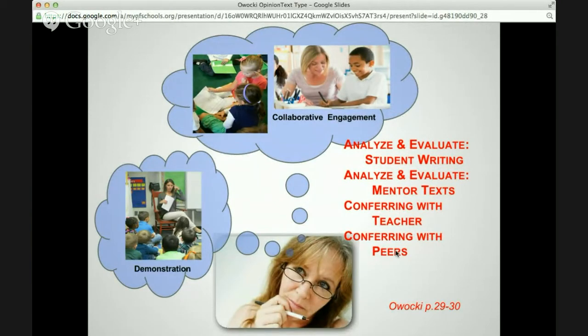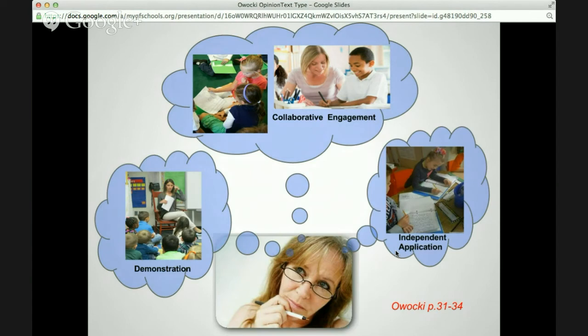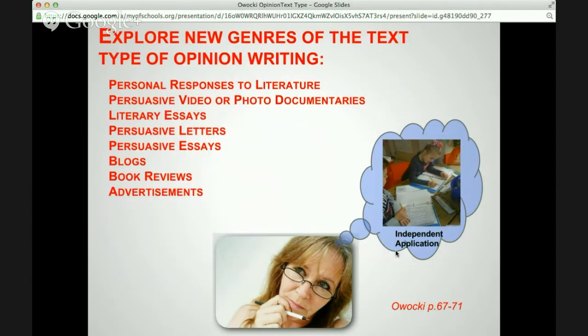Secondly, it's about conferring first with the teacher to get a good sense of the content of what's discussed in this text type, and then eventually conferencing with peers. Lastly, the kids are able to try on the different genres, the different formats for opinion writing.